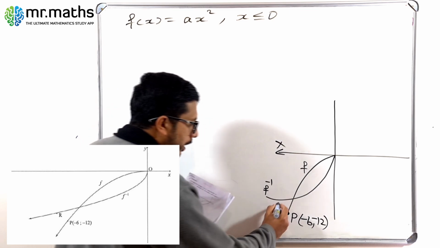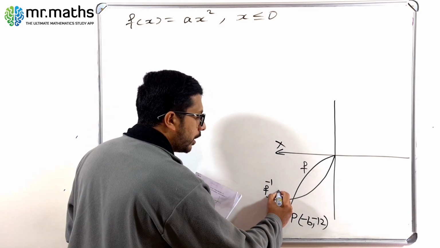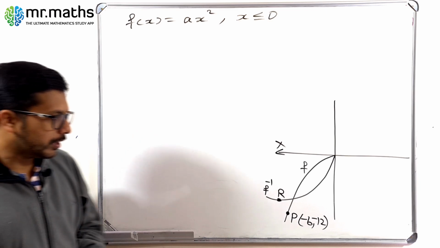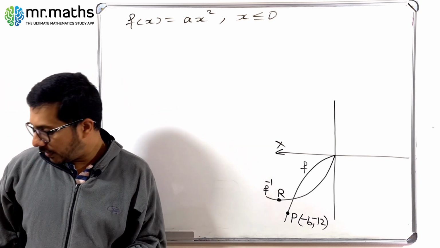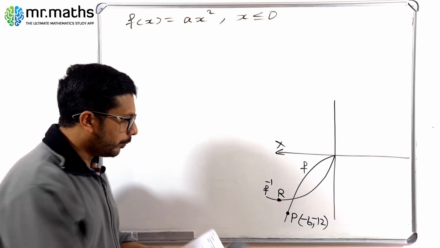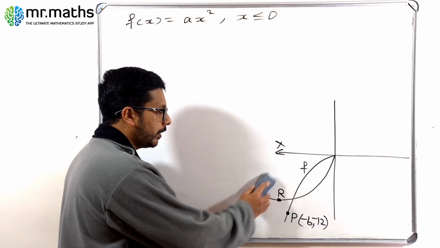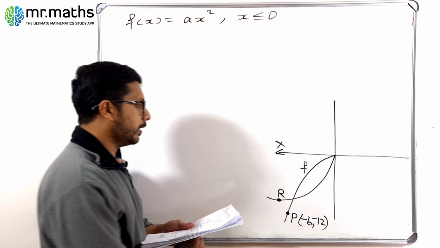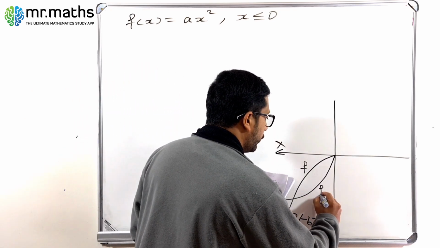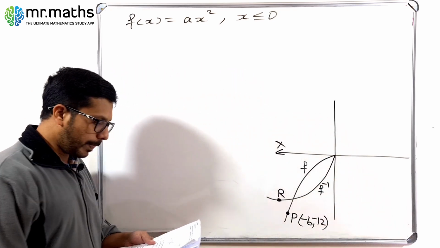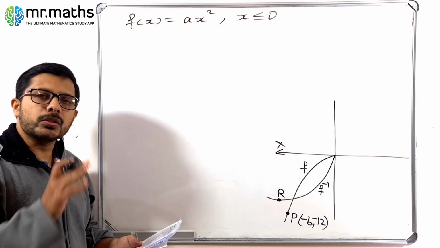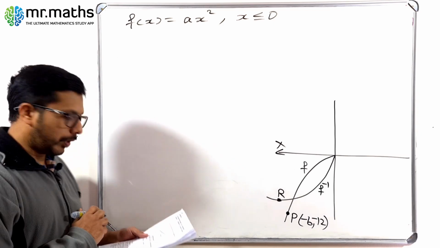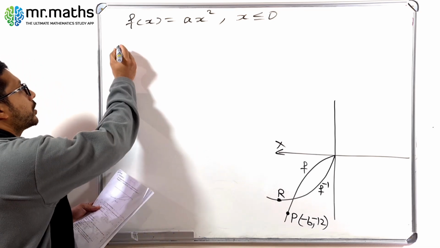There is another point on this f inverse graph. This is R. So there are 2 points given, one is P and the other one is R. Point P is on the f of x graph and the point R is on the f inverse of x graph. Okay, so this is the f inverse graph. These are the given things, and based on this you have to find the answers to the remaining questions.